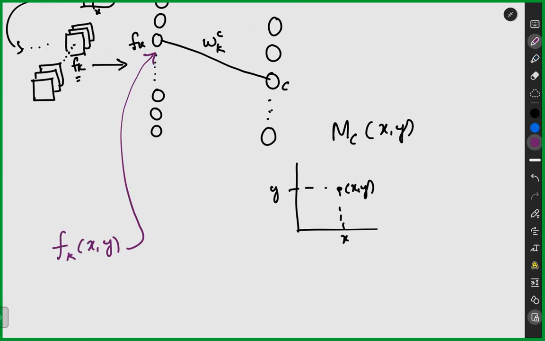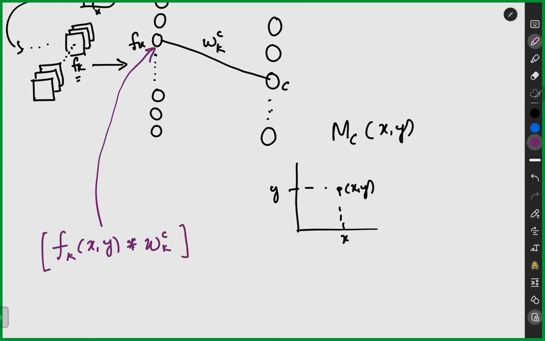Okay. And if I multiply this with WKC, it will be equal to FK XY times WKC.